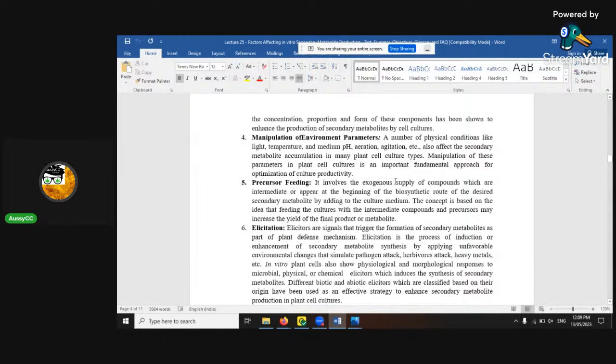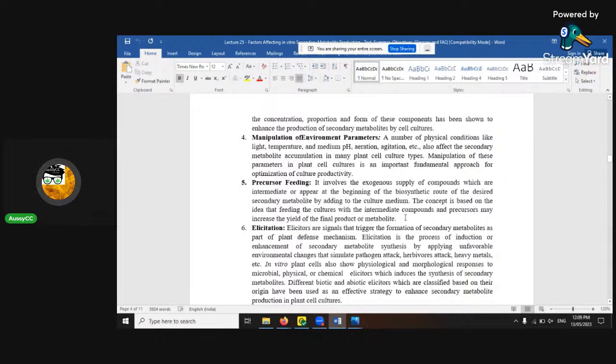It involves the exogenous, the exterior supply of compounds which are intermediate or apply at the beginning of a biosynthetic route of the desired secondary metabolite by adding in the culture medium. Okay.